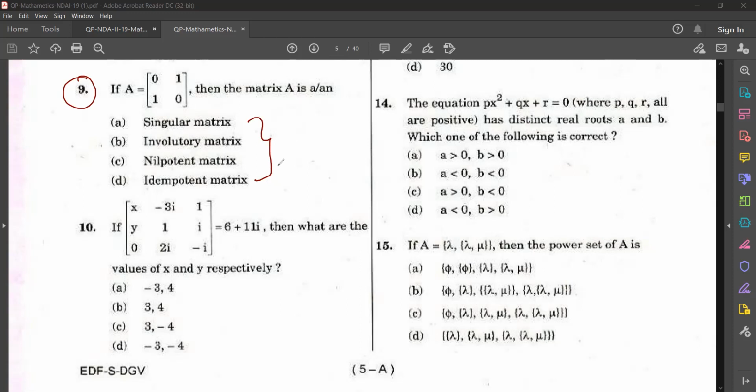What is singular, what is involutory, what is nilpotent, what is idempotent? First I'll explain that, then you identify what kind of matrix this is. So first, please all of you write singular matrix.